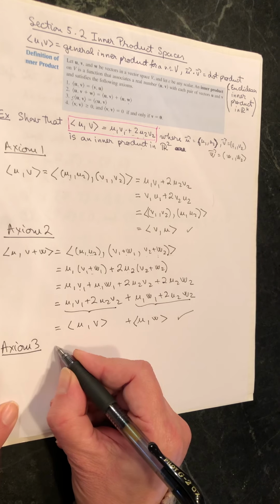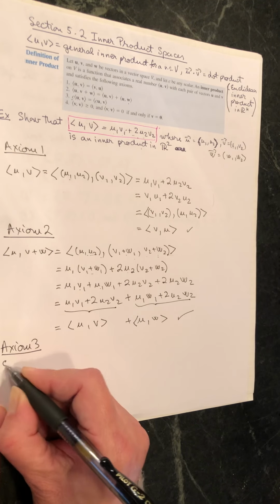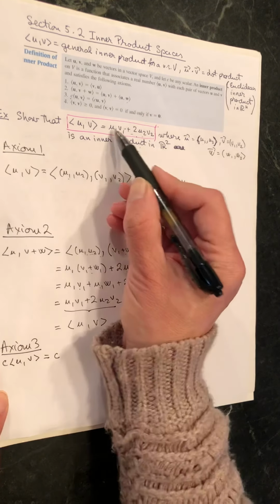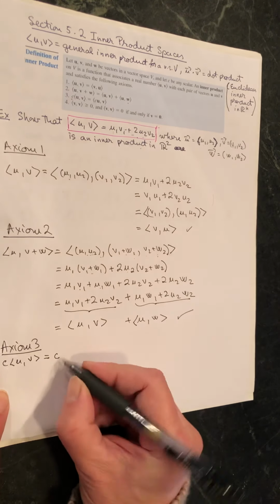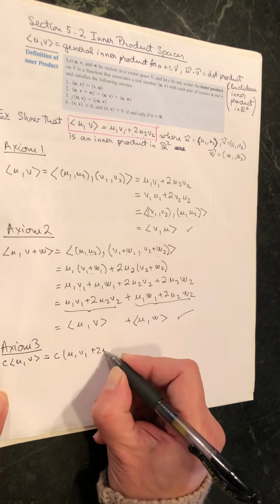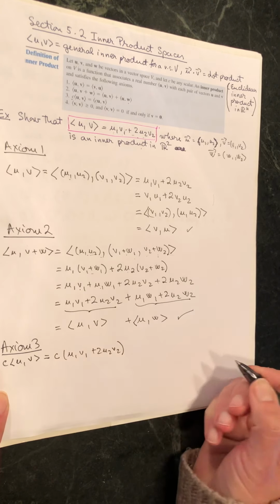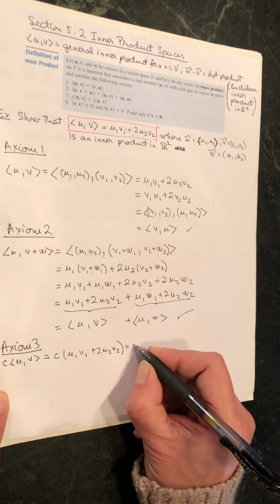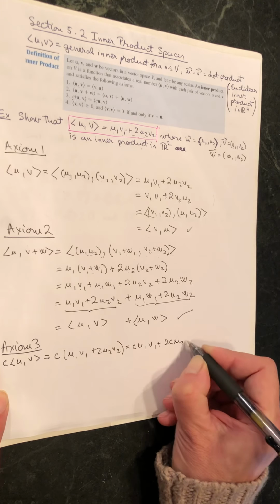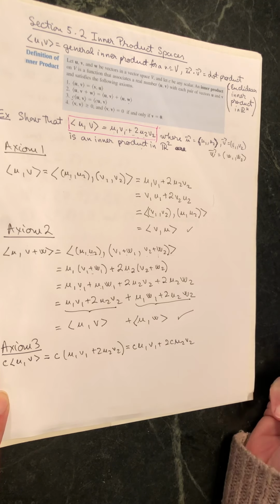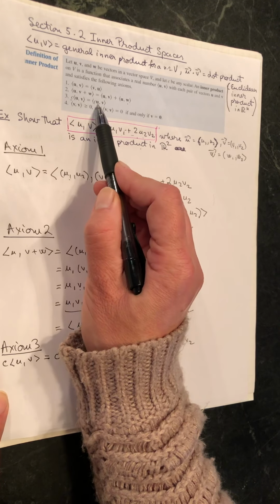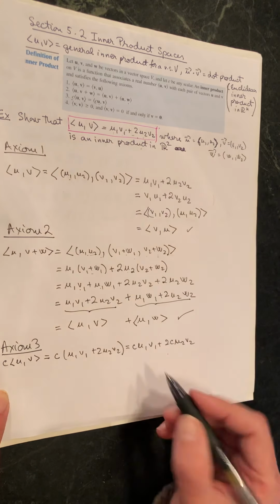So I start here: c times the product of u and v, which is how we do the product now, c times (u1v1 plus 2u2v2). I'm going to distribute my c, and next I have to pull this apart into multiples of u and v by itself.